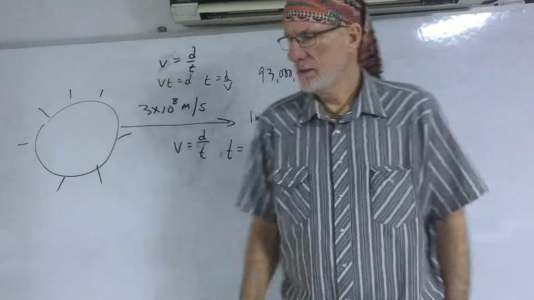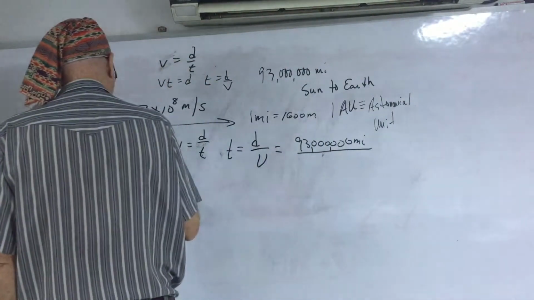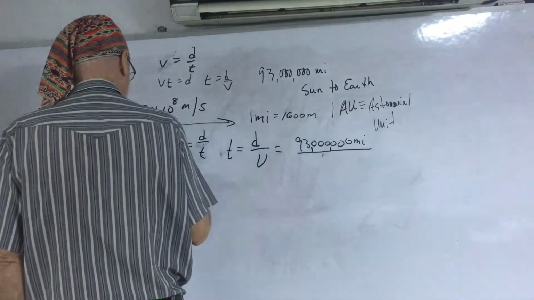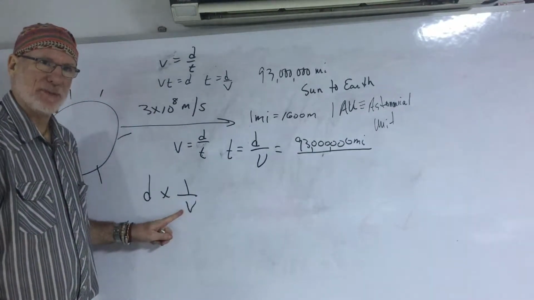Now, I want to make conversions, so I know that this is going to be d times 1 over v. What does 1 over v mean? The reciprocal, right?